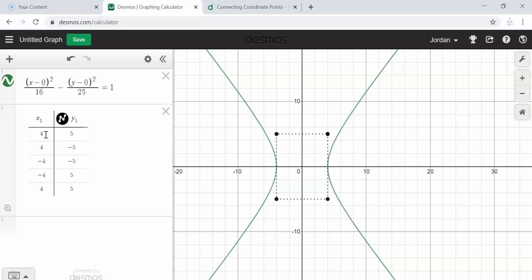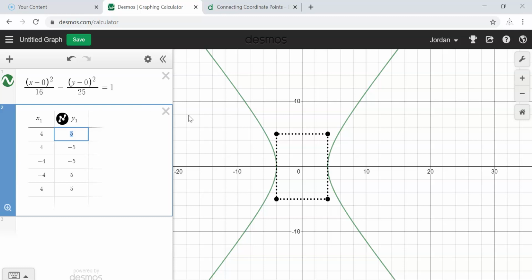So if I talk about x's as 4s or negative 4s, and the y's as 5 or negative 5, I can think about creating the point (4, 5), the point (4, -5), the point (-4, -5), the point (-4, 5).